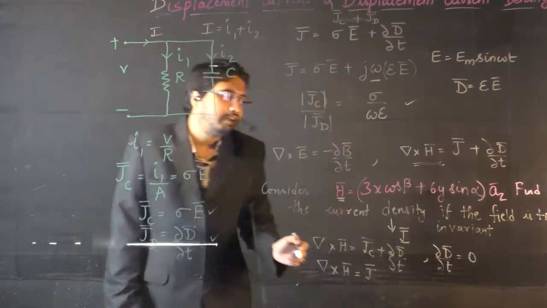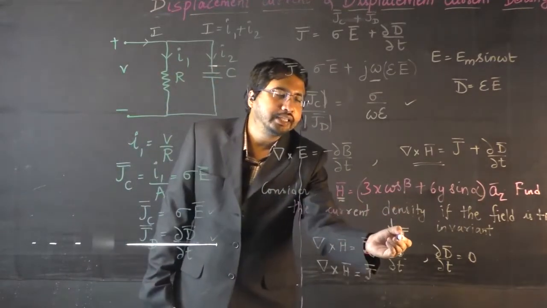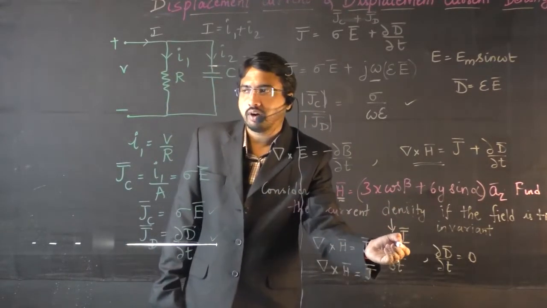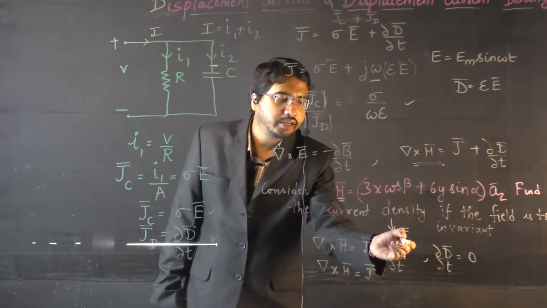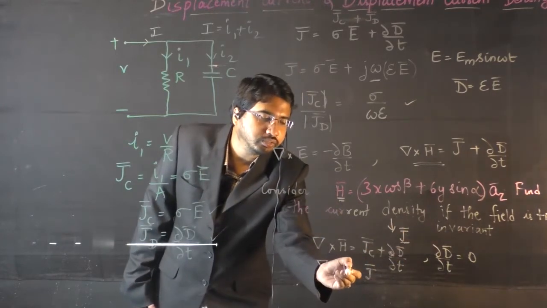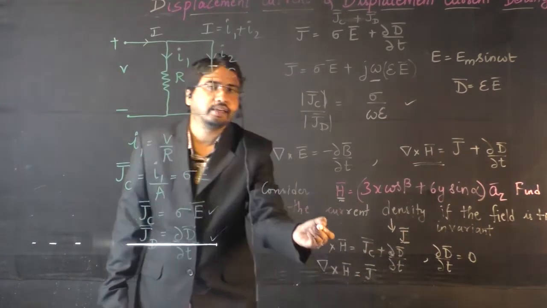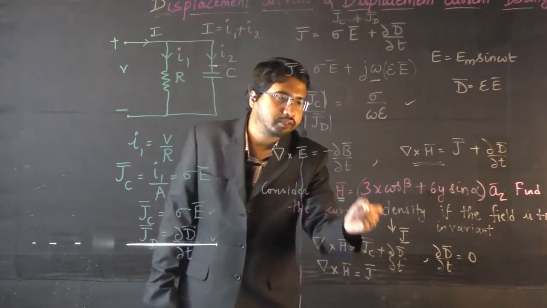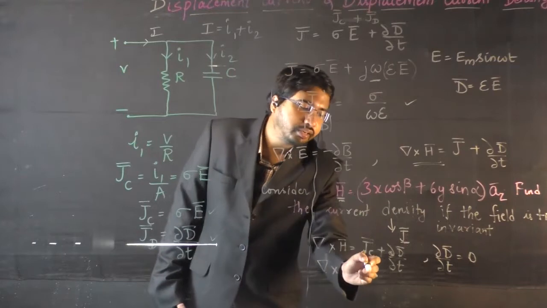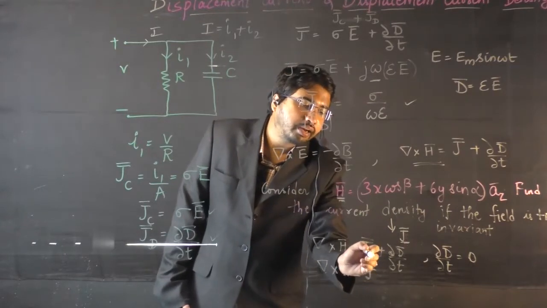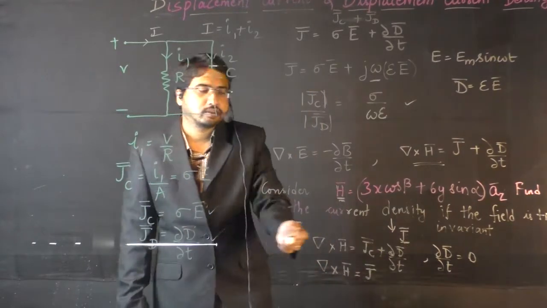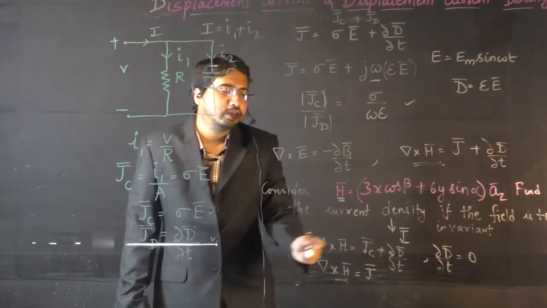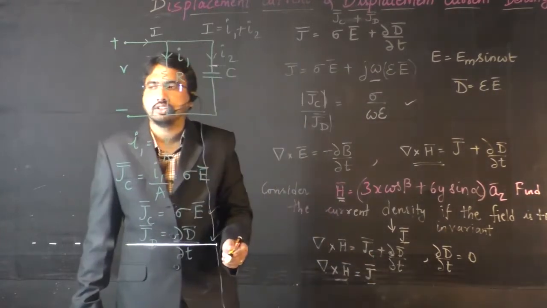That means if I want to find the current density J bar, then simply you find the cross product between the del operator and H bar, the value they have given, and that will result in the current density J bar. So let us solve this cross product so that we can find the current density J bar.